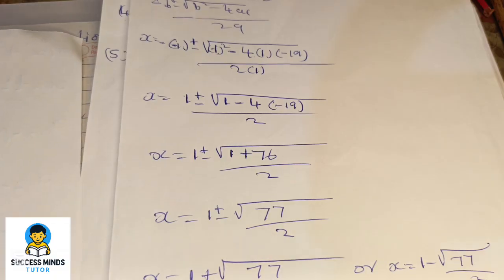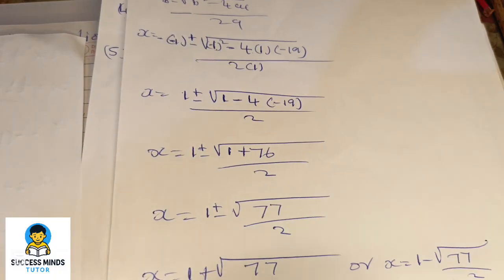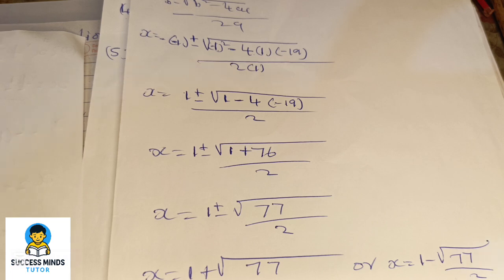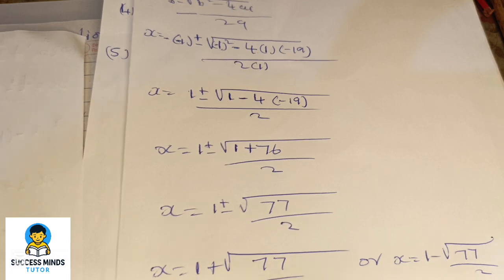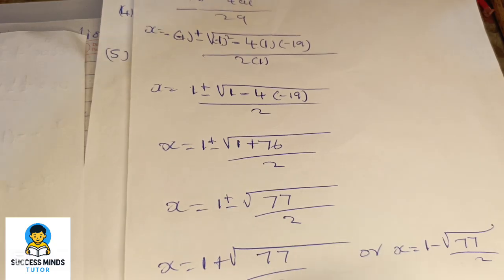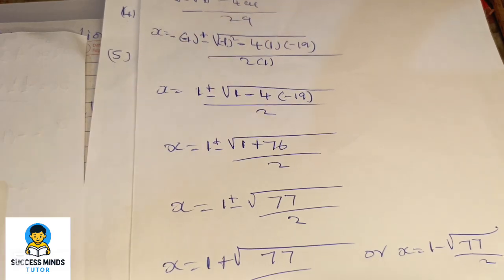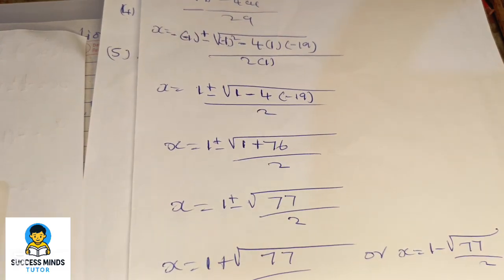Now from here we can punch it on the calculator. We say x is equal to 1 plus the square root of 77, divided by 2, and it's giving us 5.39. That is our x for this side, to 2 decimal places.